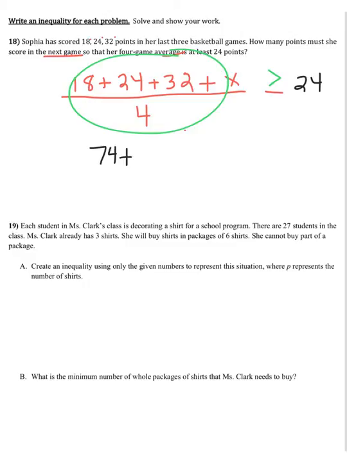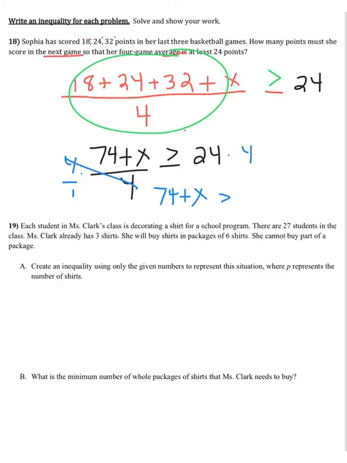74 plus x over 4 is greater than or equal to 24. So times 4 on both sides. That leaves me with 74 plus x on this side is greater than or equal to 96. Subtract 74, subtract 74.